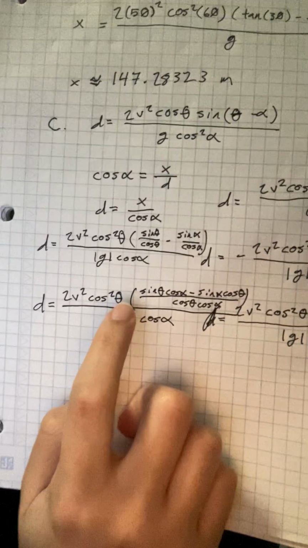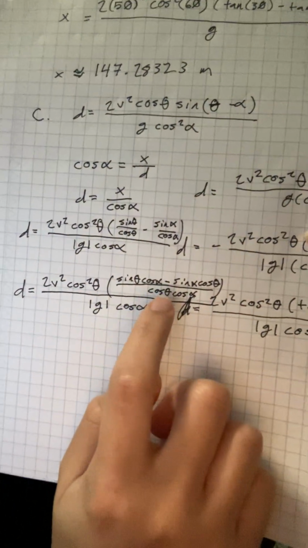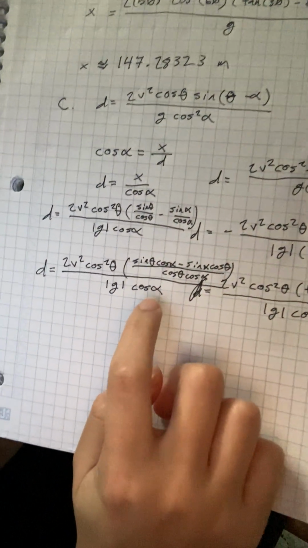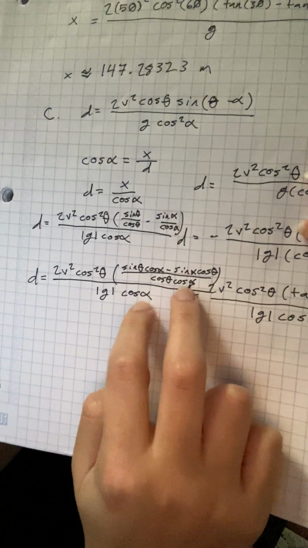At this point, you are able to cancel out one of these cosine thetas with this cosine theta and combine the denominators of the fractions, canceling out cosine theta and combining cosine alpha on the top and bottom.